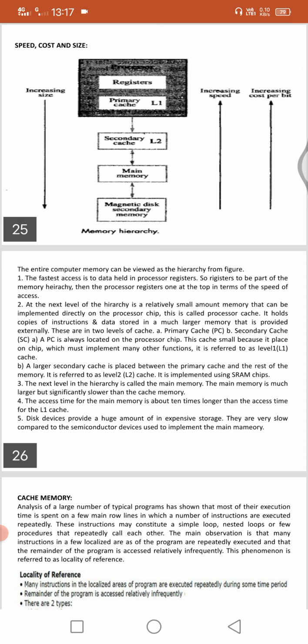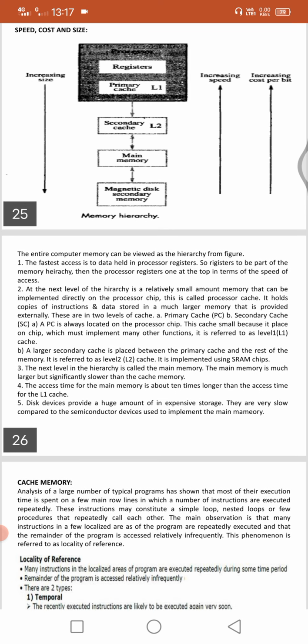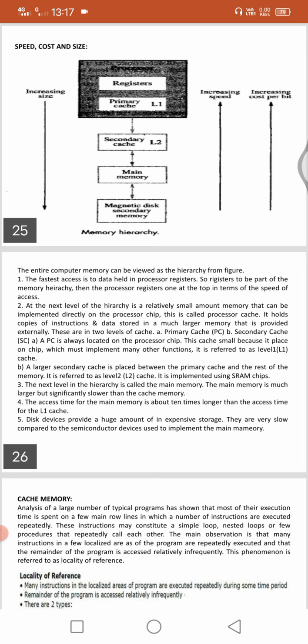So what is meant by cache? We already learned cache memory in the first unit, but I will explain it again. Cache memory is where whatever repeated actions there are get stored.